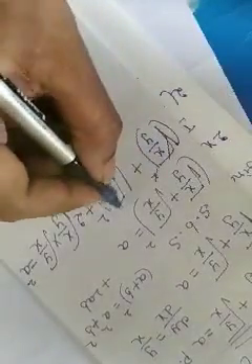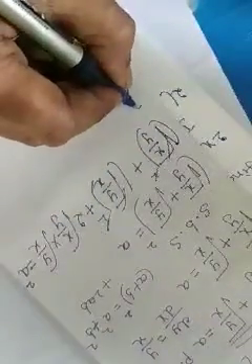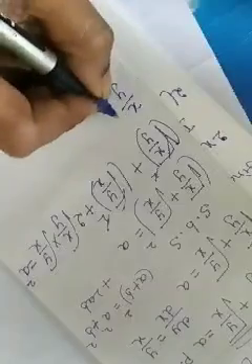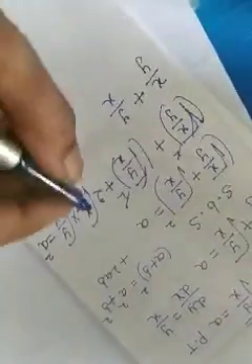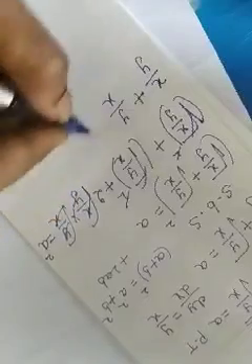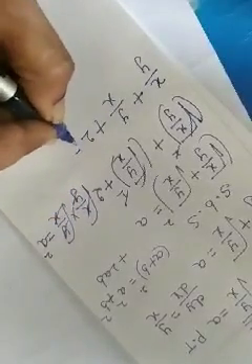Root and square get cancelled. So the left term is x by y plus y by x plus 2 is equal to a square.